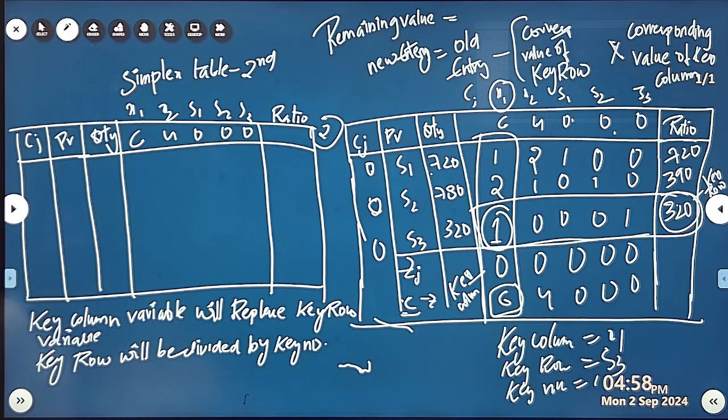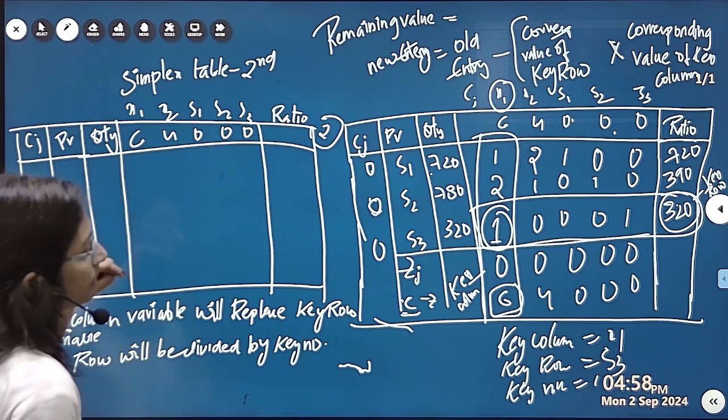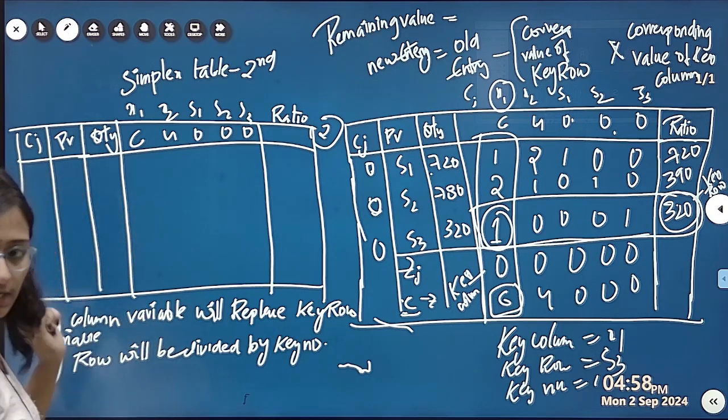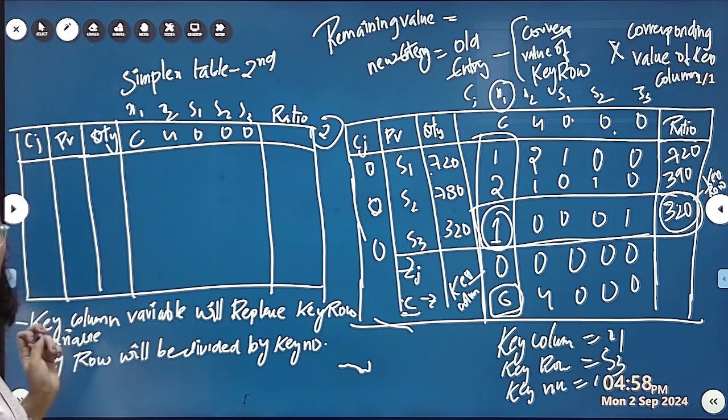So now here what's the key column in the first table? X1, and key row is S3. Now as said in this point, key column variable will replace the key row. Key column is x1, which will replace s3.